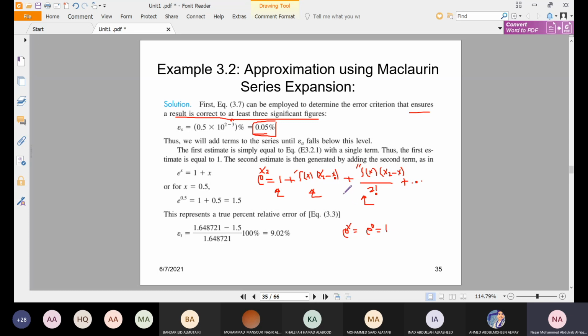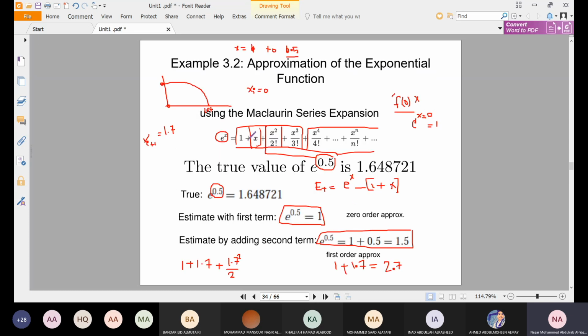If you return to this one, you'll find this is not considered because it equals 1. We take the first derivative, then substitute x1 by 0. We take the second derivative and substitute x1 by 0, like this. So all the results here are 1s, so they do not appear in the Maclaurin series.